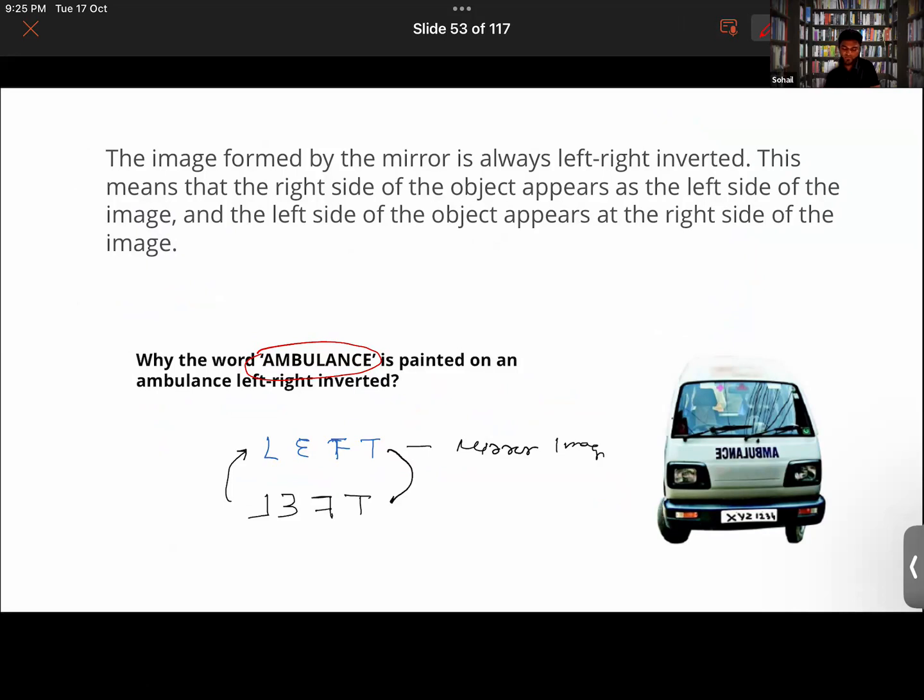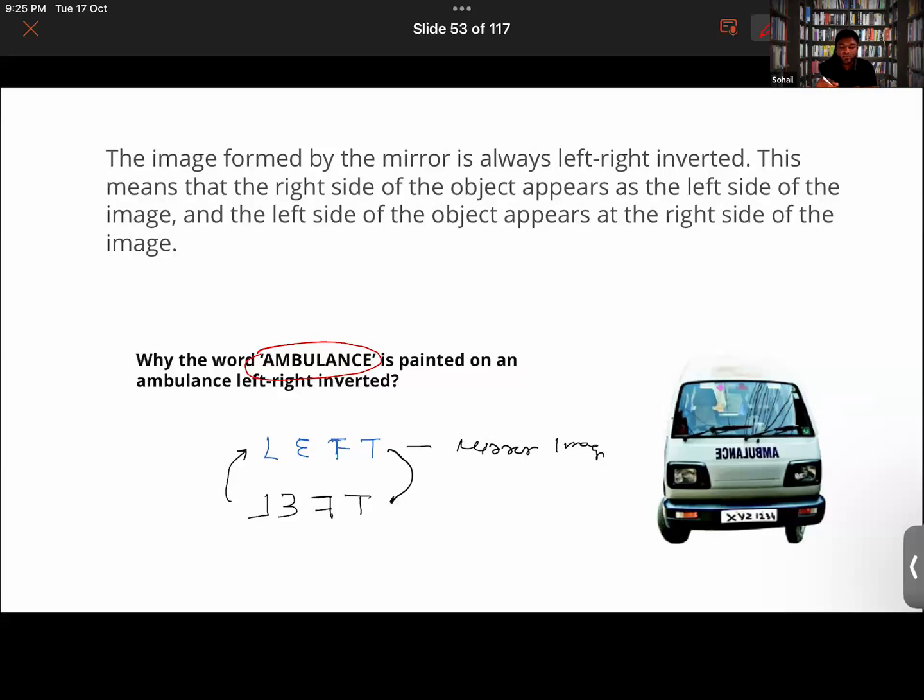No, it's simply because the phenomenon of lateral inversion can be seen more properly in a plane mirror. Okay, sir, it's a plane mirror. In fact, you can view it in the case of a convex mirror also, because a convex mirror also forms erect images. It does not form inverted images. Getting it now? Yes, sir.